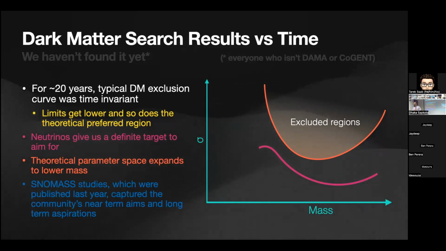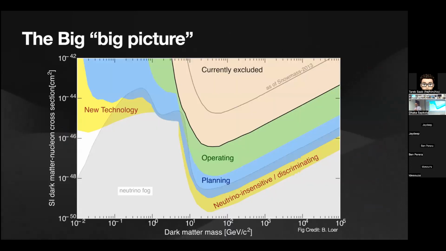And so 2 years ago, there was a big community study called Snowmass, where theorists and experimentalists and everyone came together and said, okay, well, what is the big next step we have to take if we want to actually pursue the idea of detecting dark matter? A lot of papers came out of this, but this is like the summary slide. This is the same kind of diagram I showed you before, but now with actual numbers on the X and Y axis.